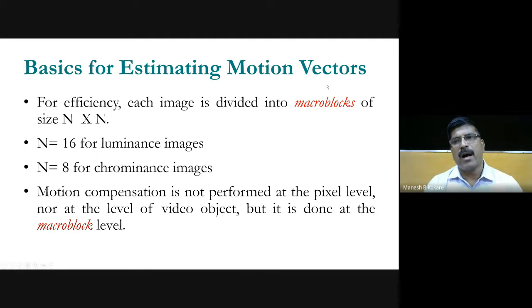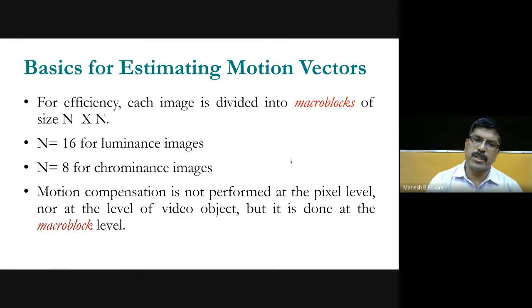This small area is called the macro block, because when an object is moved, for example if my hand is moved, it is moved only nearby. So we have to search the area which is just adjacent to the earlier macro block. This will reduce the searching time, and we get a more efficient algorithm to find the motion vectors.